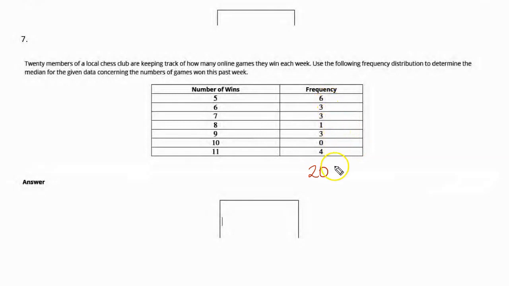So what would be the median? Well, again, you go 6, 9, 10, 11 is right in this area. So the number of wins as the median is going to be 7.